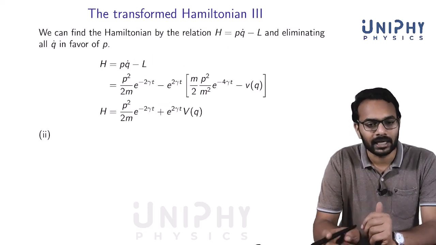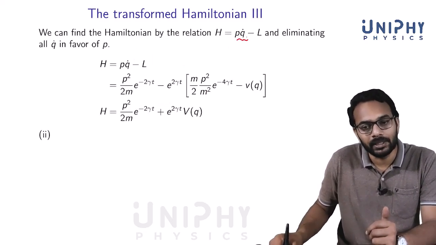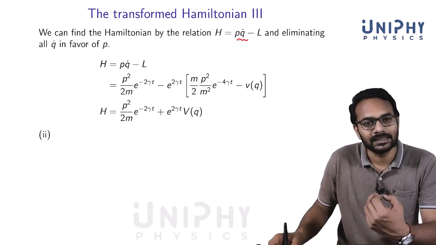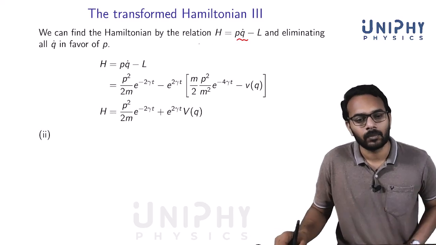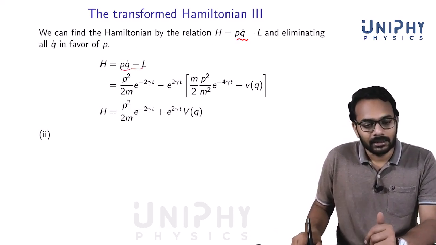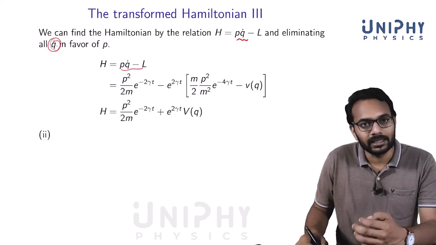Now to find the Hamiltonian, we use the relation H is equal to p q̇ minus L. We are talking about one dimension, so it's just p q̇ minus L. We find p q̇ minus L here, and you should be careful that in the final answer there shouldn't be any terms involving q̇.